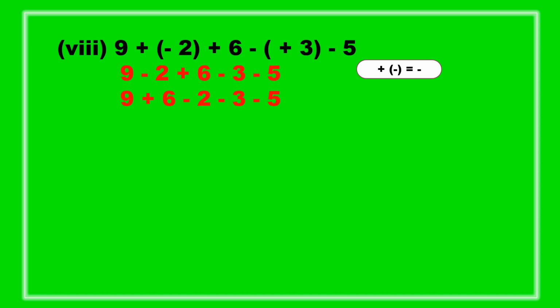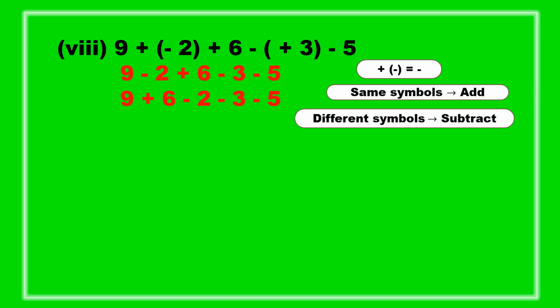Okay. So after arranging them, what should you do? Same symbols addition, right? So I have given the reason here. Follow these rules. Follow these reasons also. Same symbols you should do addition. Okay. So here these two are same symbols. Let me do addition and put the same symbol to the answer. Here these three are same symbols. So do addition and put the same symbol.